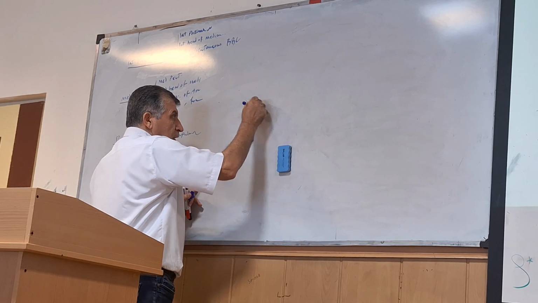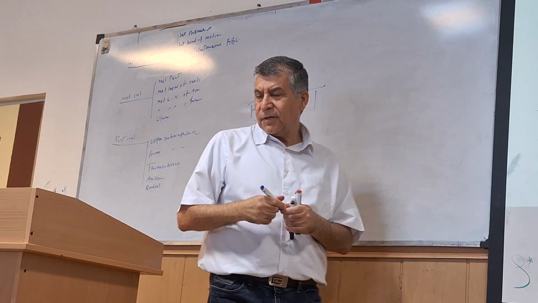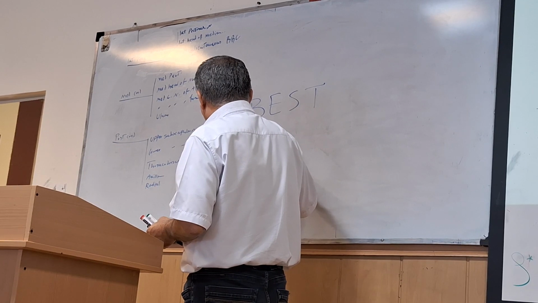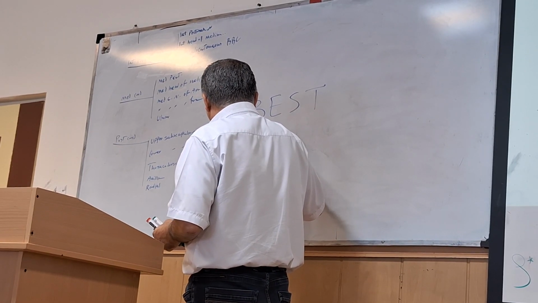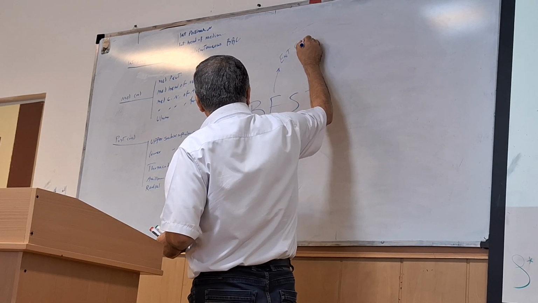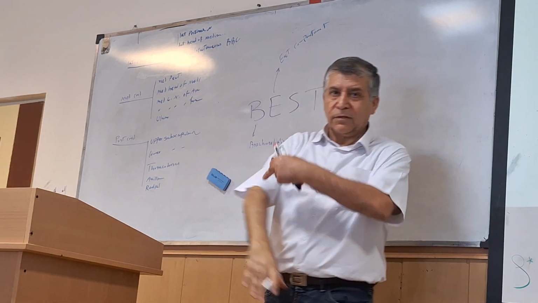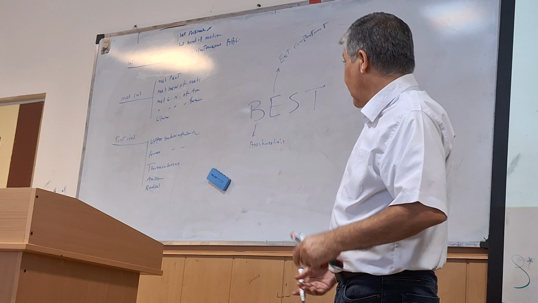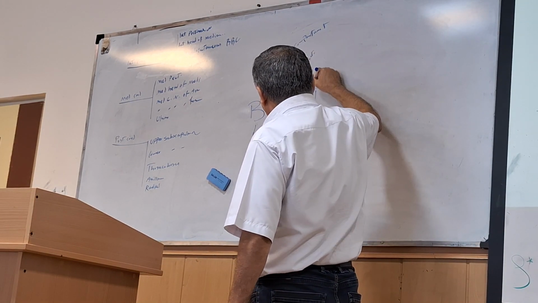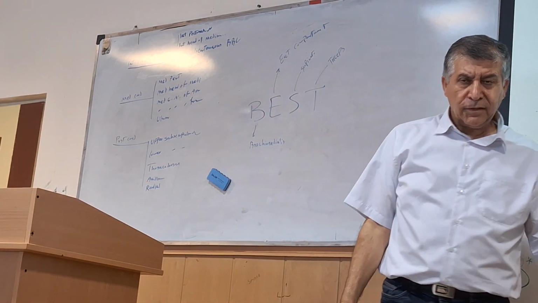For memorizing, it is best to remember: brachioradialis, extensor, all muscles of the extensor compartment of the arm and forearm, supinator, and triceps. Okay?